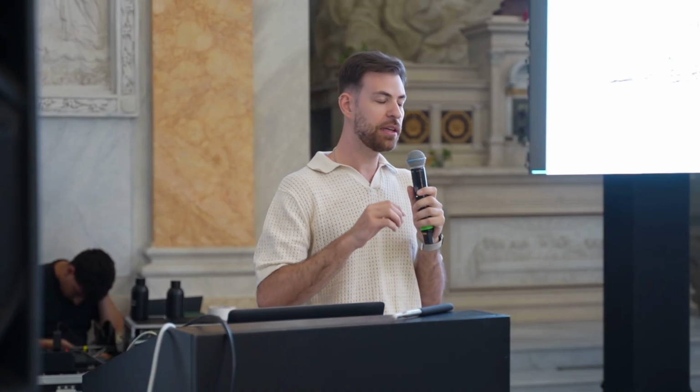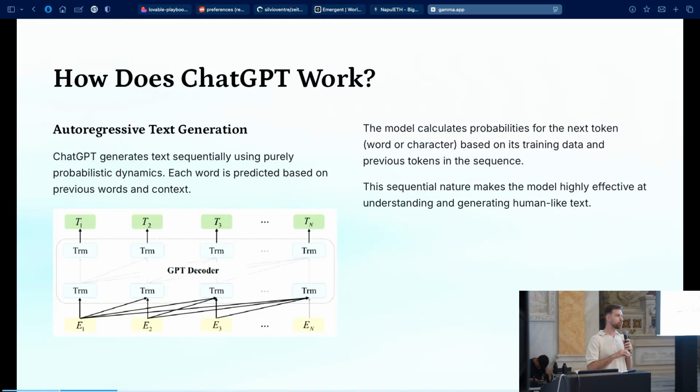Actually, it's quite dumb. So how does ChatGPT work? Generally speaking, I'm referring to all the large language models, not only ChatGPT, but it is the first one that went live just 2 or 3 years ago, maybe.